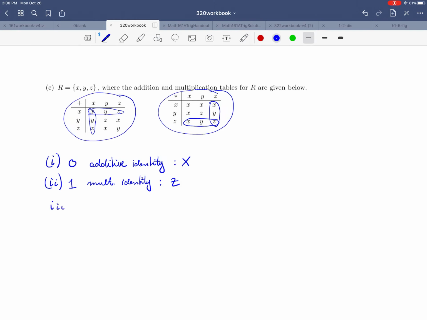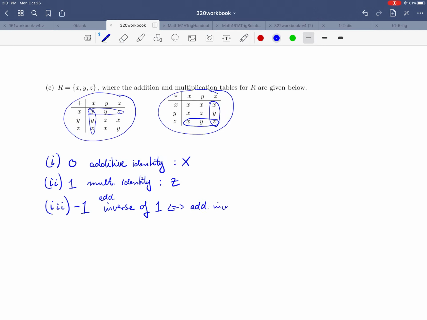All right, so then in this case, what does -1 look like? So that would be the inverse of 1, which of course is the additive inverse. That's very important.